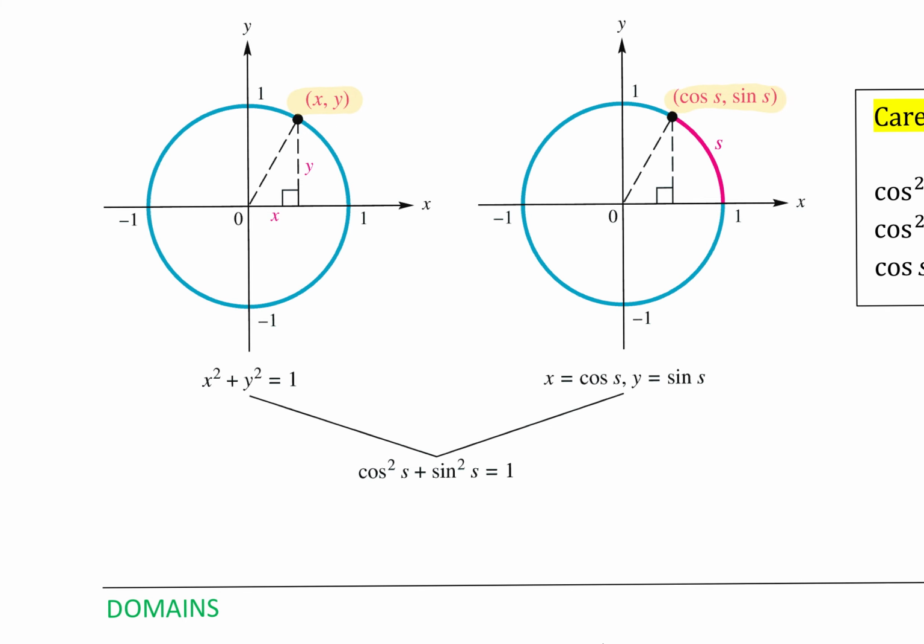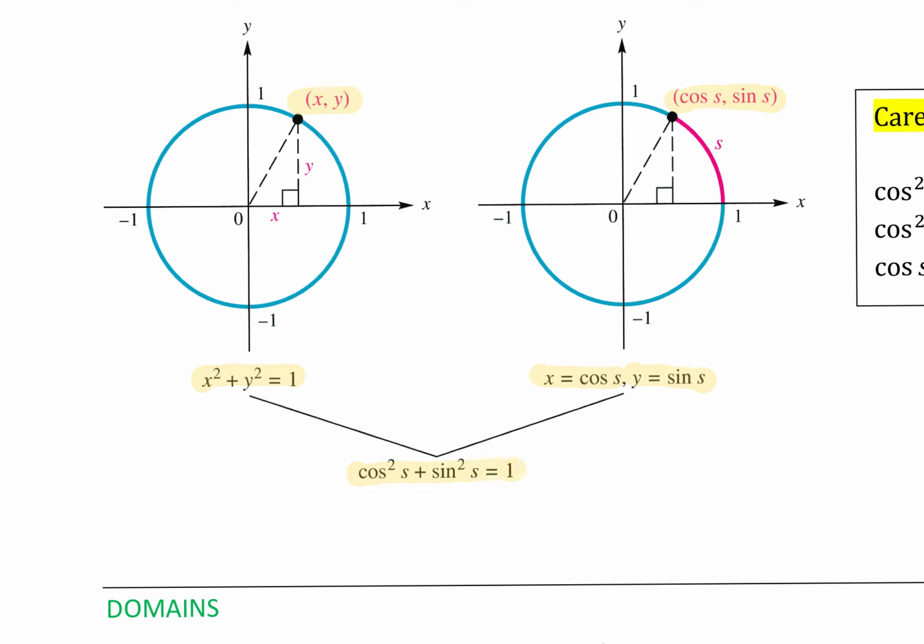Going back to our equation, x squared plus y squared is equal to 1. Since x is cosine of s, we can replace x with cosine s and then y with sine of s. So in that equation, we can write it as cosine squared of s plus sine squared of s equal to 1.